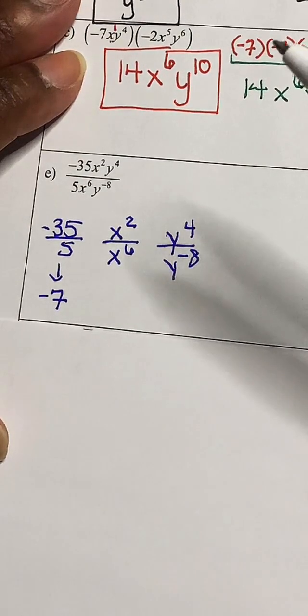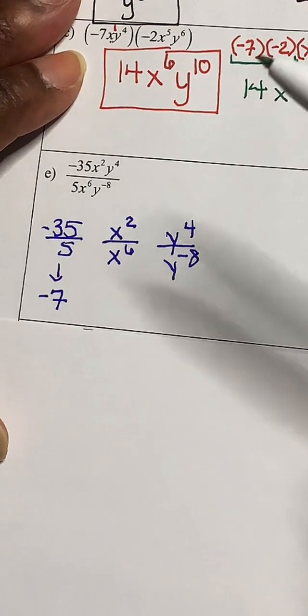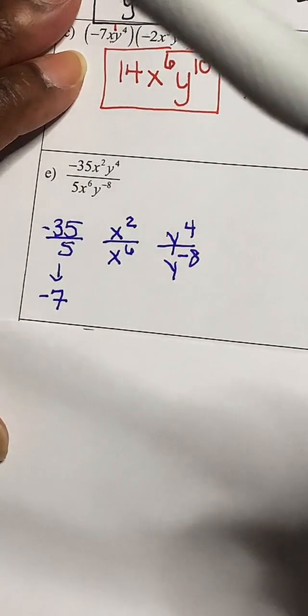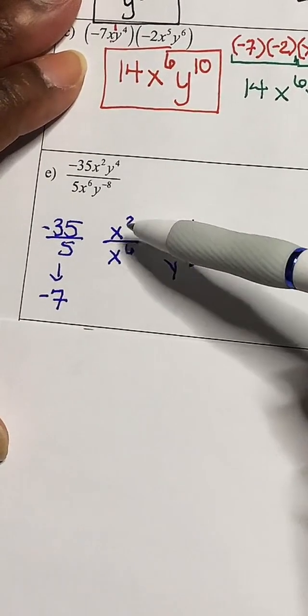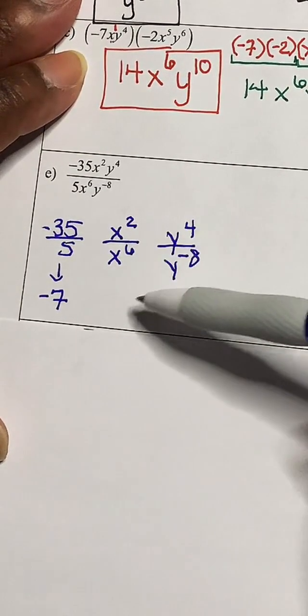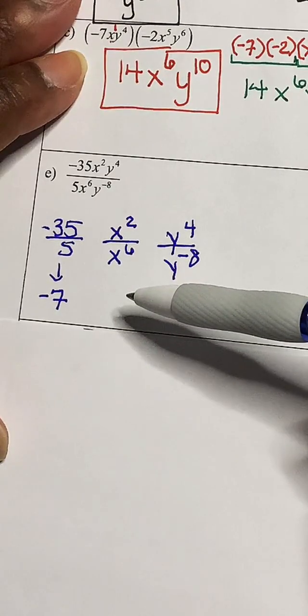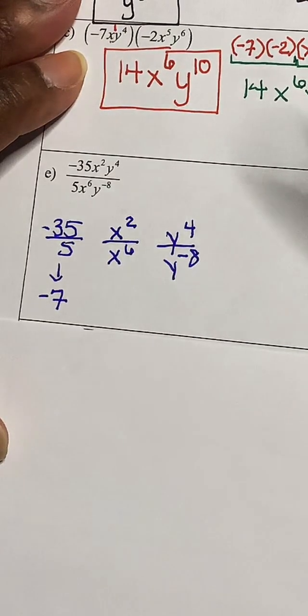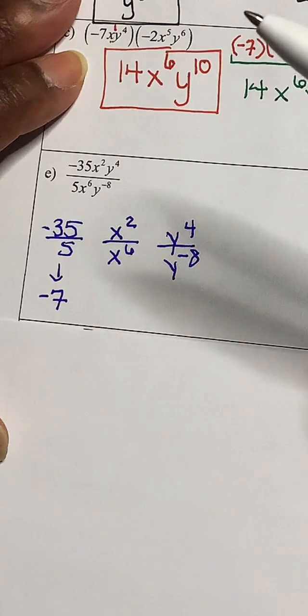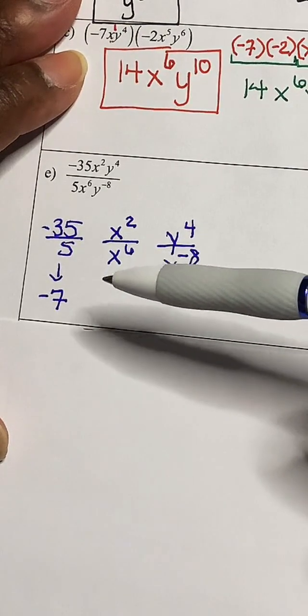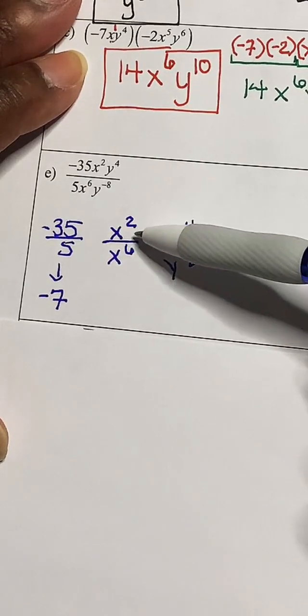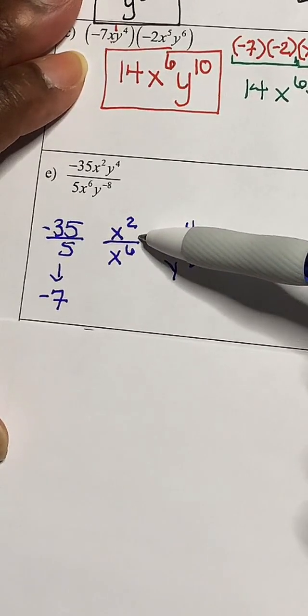Why not just do 2 minus 6? You can. If you do 2 minus 6, you're going to get a negative 4. And then you're going to have to bring that negative 4 and take it to the denominator. You can do that. Again, I keep telling you guys, I'm lazy. If I can get a mini shortcut, I will take it. I know I have 2 x's up here that's multiplying.